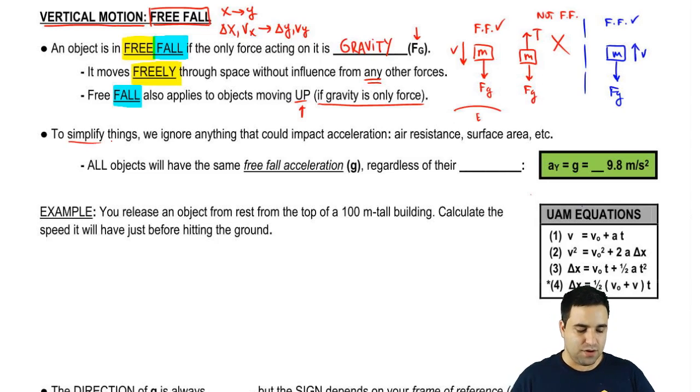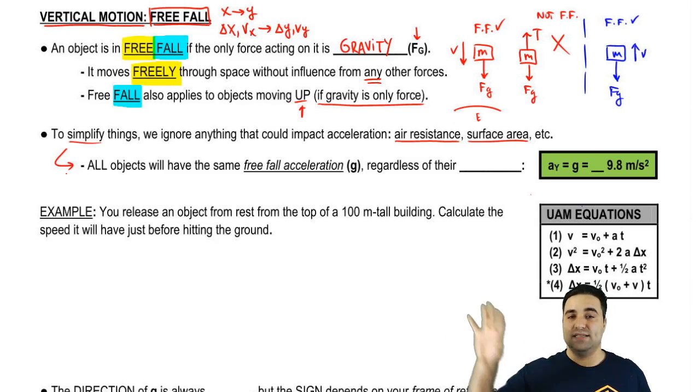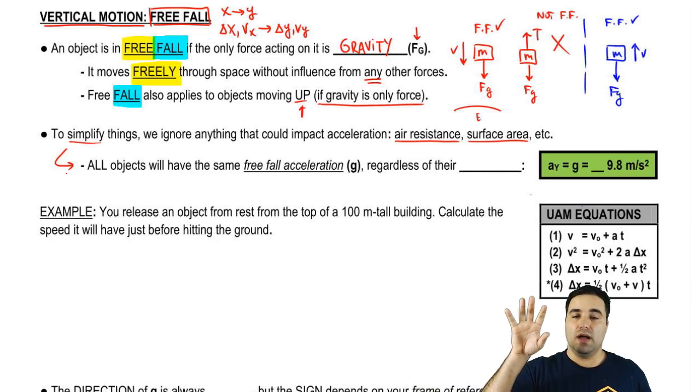All right, so because the only force is gravity, things simplify a little bit, but to simplify them even further, we're going to ignore anything that could affect its acceleration in the y-axis. We're going to ignore things like air resistance and surface area, right? And because of that simplification, all the objects will have the same free fall acceleration. They're all going to fall at the same rate. It used to be thought hundreds of years ago that if you release two objects of different masses, they would hit the floor at different times.